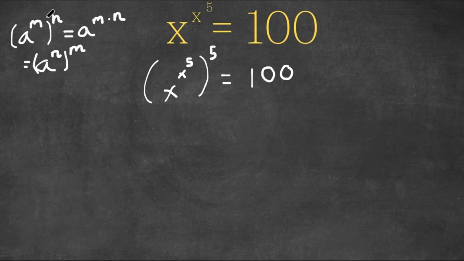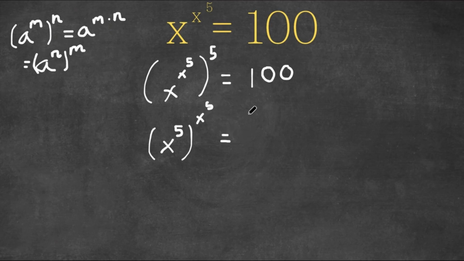So a to the power of m to the power of n and a to the power of n to the power of m, these two are the same things. So for this, I'm actually going to switch the places of x to the power of 5 and 5, because think of x to the power of 5 as m in this case, and think of 5 as n in this case. So by doing that, we would get x to the power of 5 to the power of x to the power of 5.